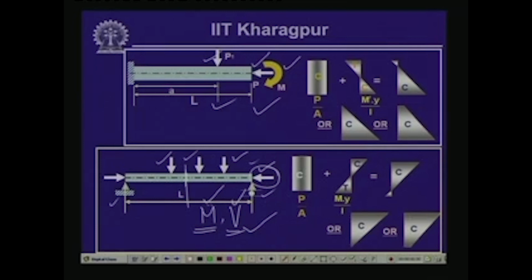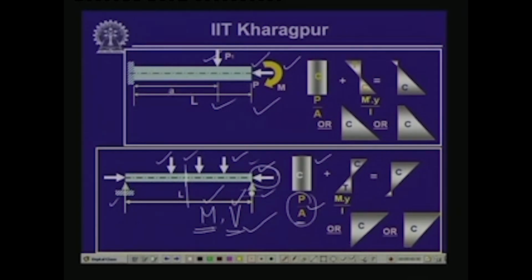As we have seen, when a member is subjected to axial load, it is subjected to a normal stress, which is P by A, and since the load is compressive, the stress also is compressive and uniform throughout the cross section.